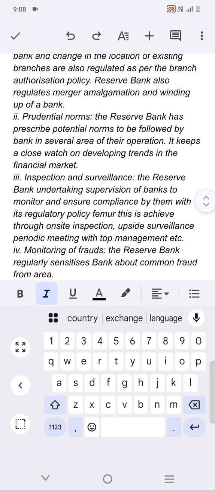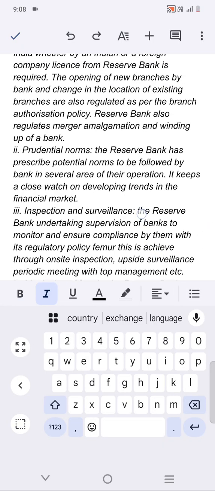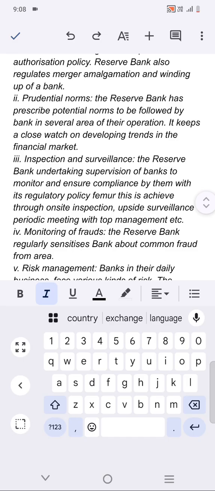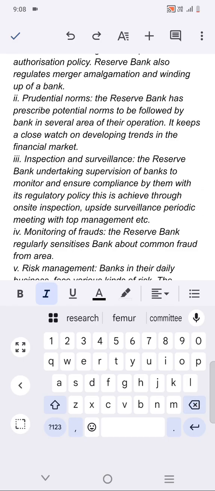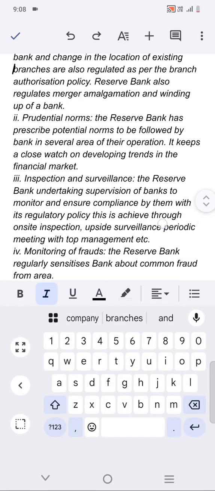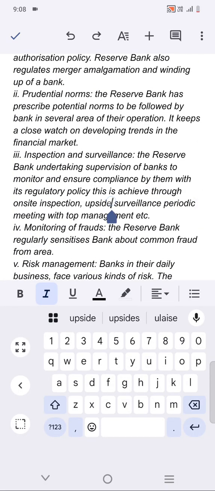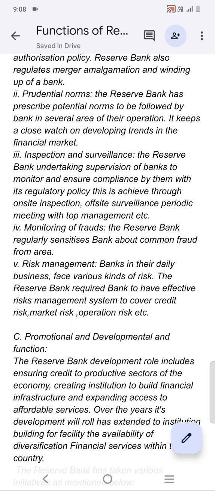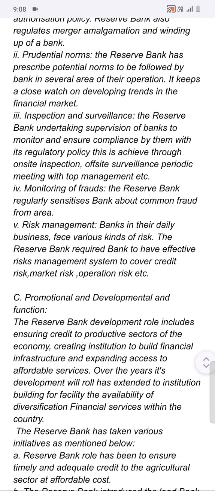This is achieved through on-site inspection, off-site surveillance, periodic meeting with top management, etc.